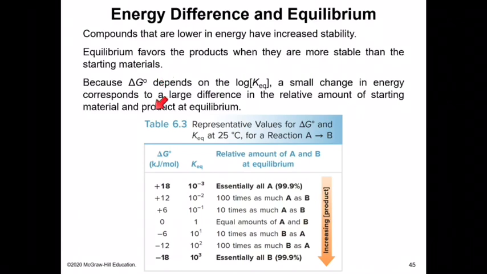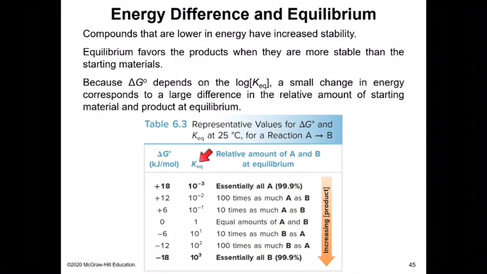So here's a table that shows us the relationship between the change in Gibbs free energy, the equilibrium constant, and the relative amounts of the reactants and the products at equilibrium. Again, A is our reactant and B is our product. You can see here that if Keq is less than 1, then delta G is going to be a positive value, and the equilibrium reaction predominantly favors the formation of the reactants.